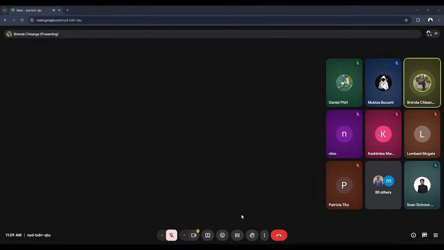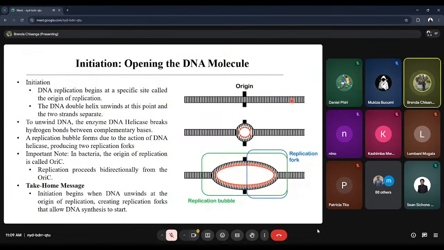Imagine you have a strand of DNA and those strands are being held by hydrogen bonds. Replication doesn't just start from anywhere. It starts at a specific site, and in bacteria, we call it an ORI-C. I think somewhere in the notes.